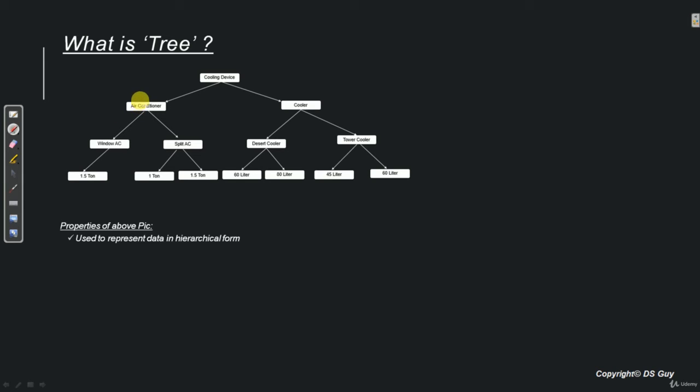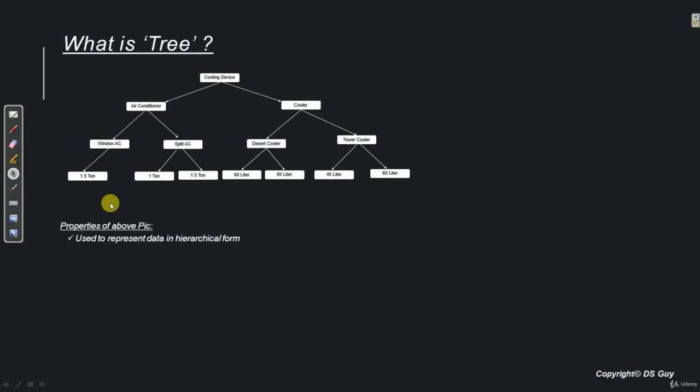So for example, if we are coming down from air conditioner, we see that window AC is basically a type of air conditioner, but it is a specific type. Similarly, if we go towards the right, we see that split AC is again a type of air conditioner, but it is a specific type. So what that means is, every time we go down, we are doing specialization, or in other words, we are maintaining a hierarchical form.